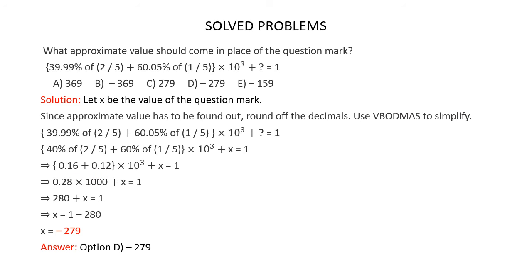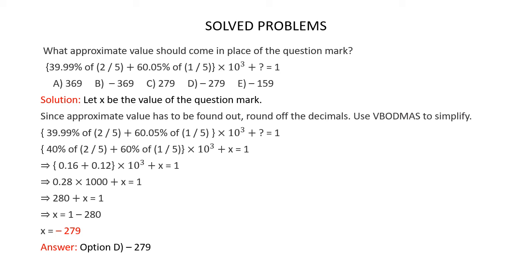The next order of operation is orders. So 10 cubed is 1000. So 0.28 multiplied by 1000 plus x is equal to 1. The next order of operation is multiplication. So 0.28 multiplied by 1000 is 280. So now you have 280 plus x is equal to 1.